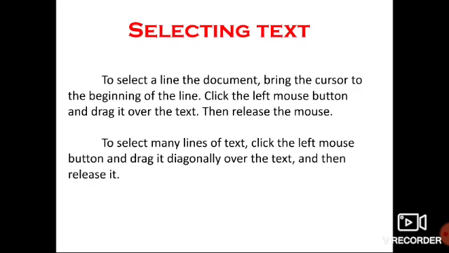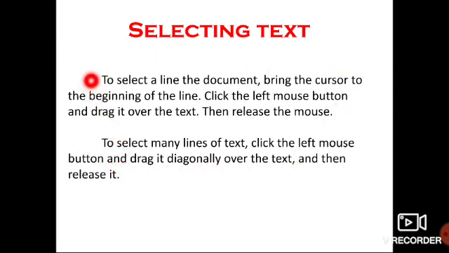Now if you want to select the text or a line in a document, you have to bring the cursor to the beginning of the line and then click the left mouse button and drag it over the text. Suppose if I want to select this entire text, what I have to do?